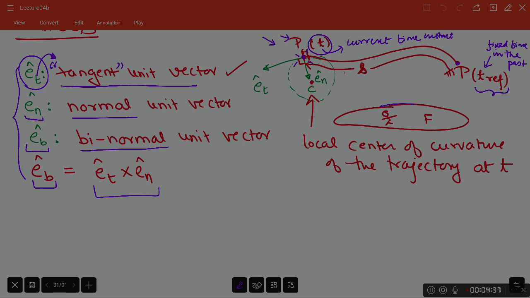Now this red curve that is shown here is the trajectory of the particle P as observed by this observer, the path that particle P has taken during the time t reference and t.